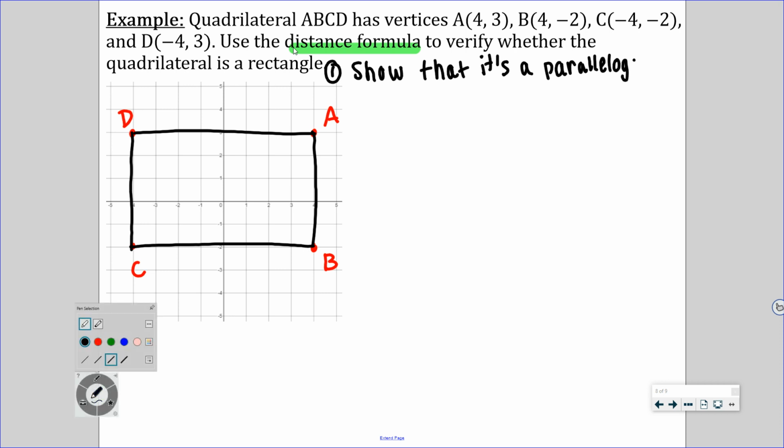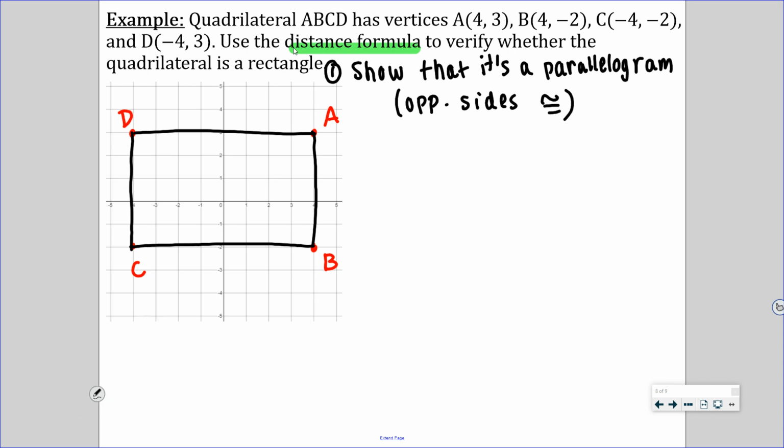So the way we show this is a parallelogram using distance formula is we show the opposite sides are congruent, just like we did in the warm-up. All right, the nice thing about this one, the opposite sides are nice, easy, horizontal and vertical lines. So we don't even need distance formula on this one.